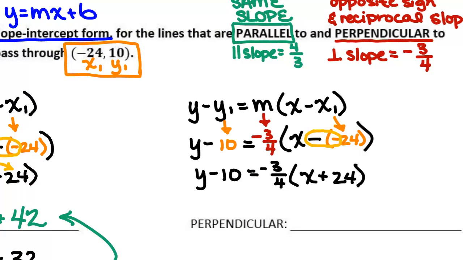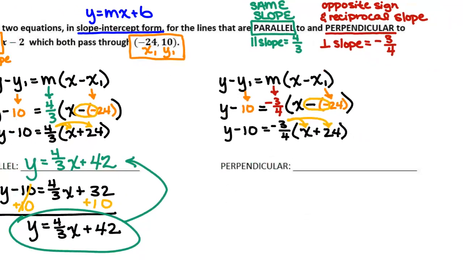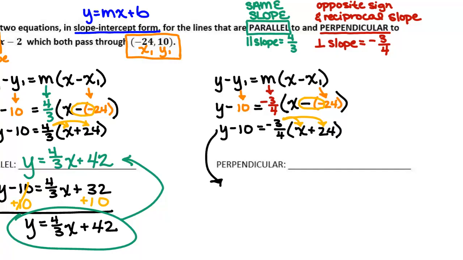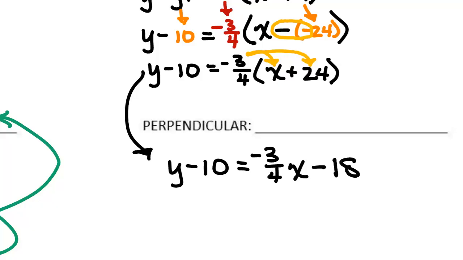Now what? What now? Distribute. Negative 3/4 gets distributed inside here. I'm going to bring my work down and around again. So I have y minus 10 equals negative 3/4 x minus what? Minus 18.